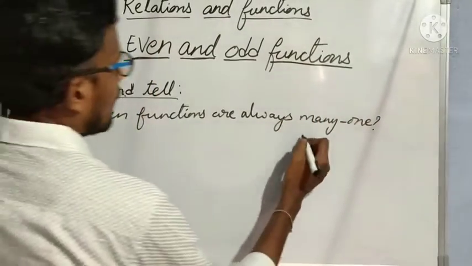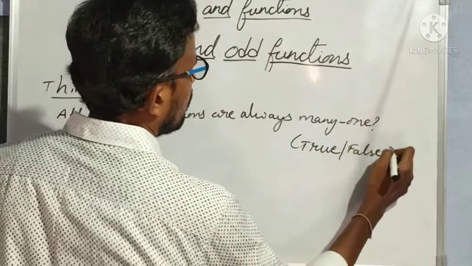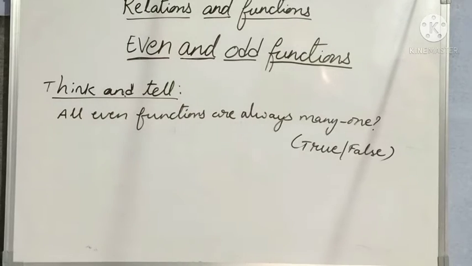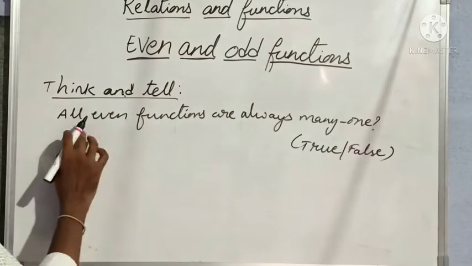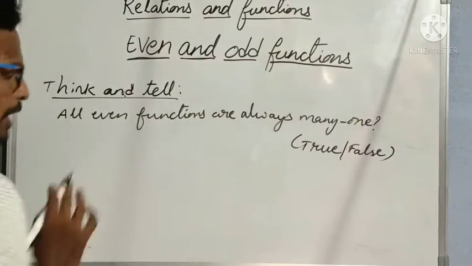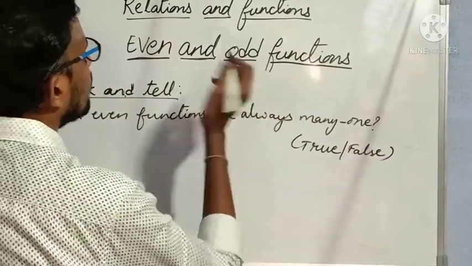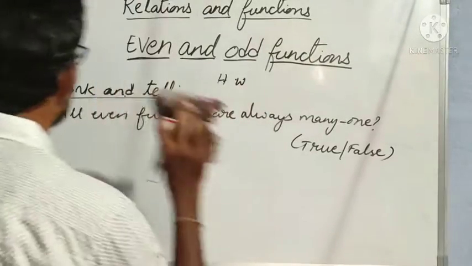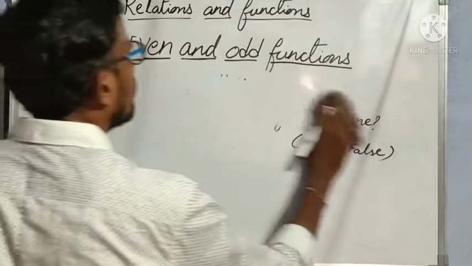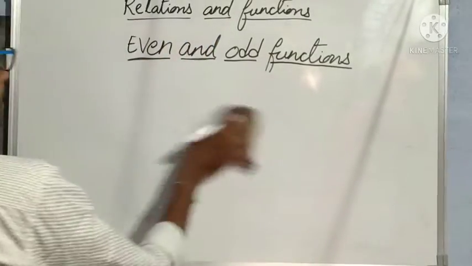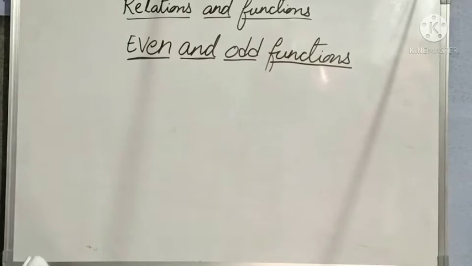True or false? Let me know the answer in the comment section. Everybody must and should think and tell the answer for me. This is your think and tell question for today. Let's take it as homework. I hope everyone knows what is a many one function and an even function, and you compare both and say the answer.